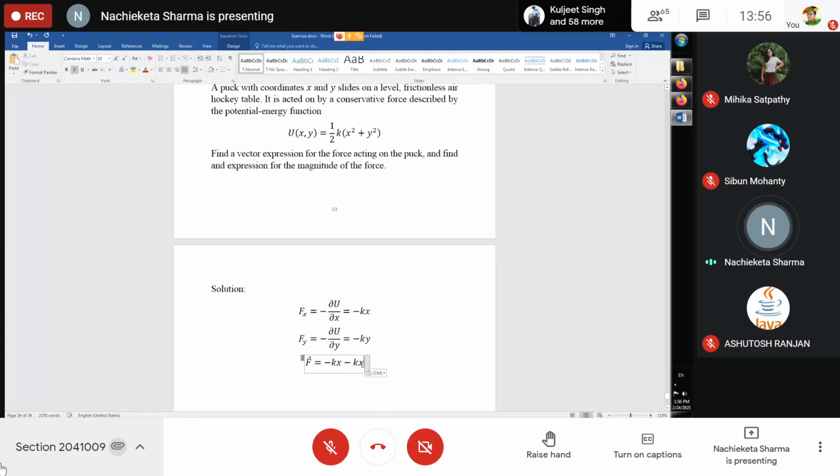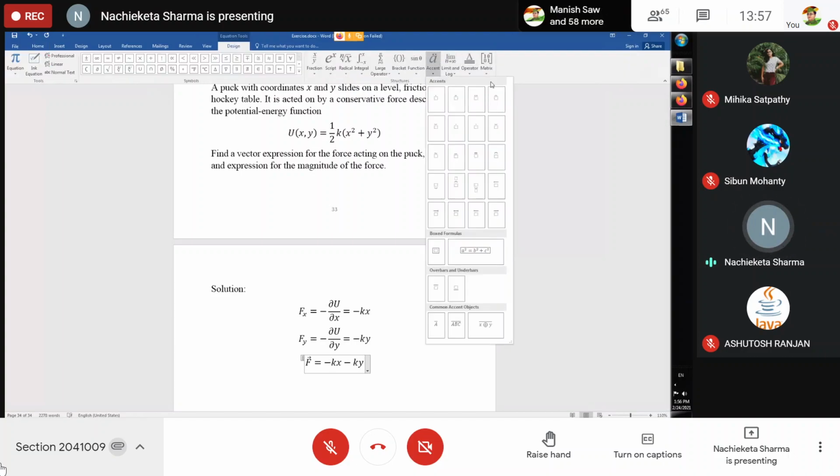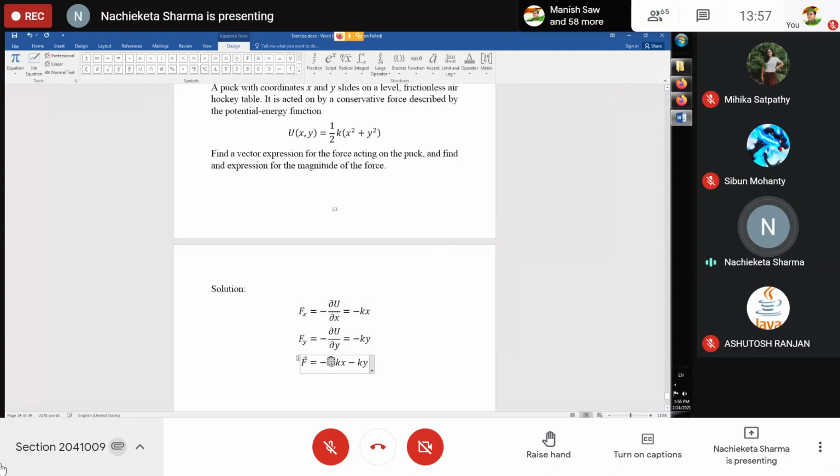Okay, but these are not vectors, so I have to introduce unit vectors. So I will put i cap here and j cap here.